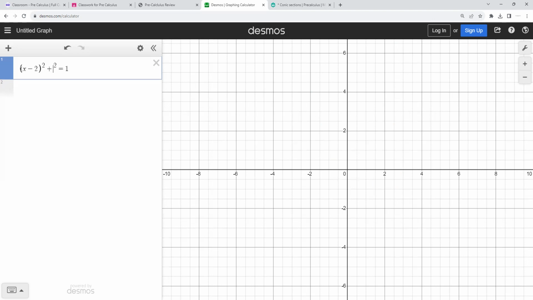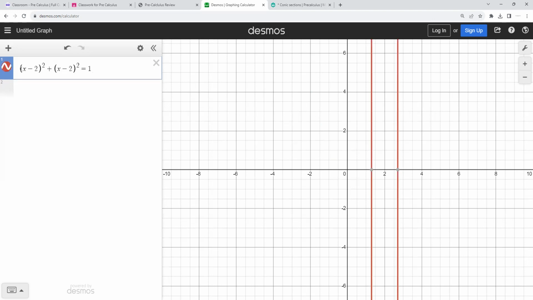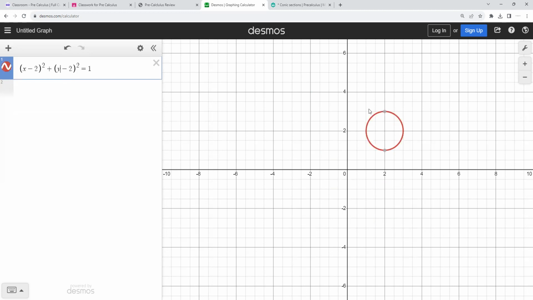You can put the center at 2, 2, which you can see here. And the radius, I can make 2, right? There it is.